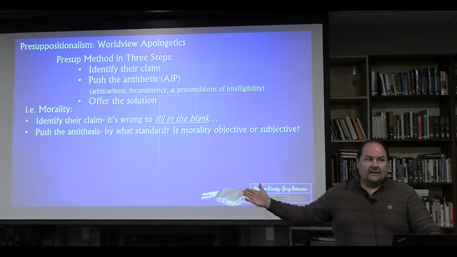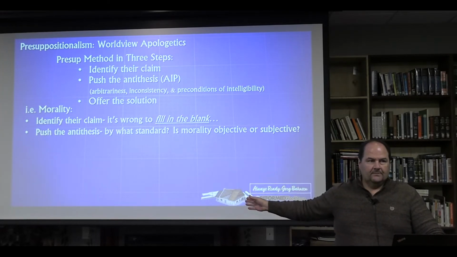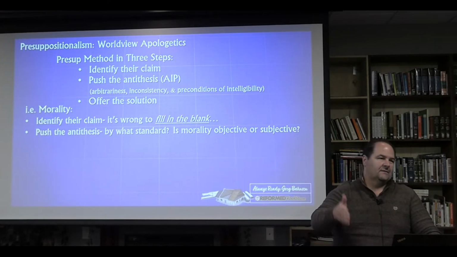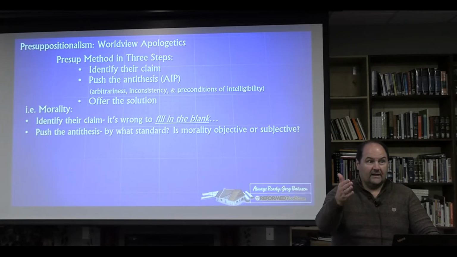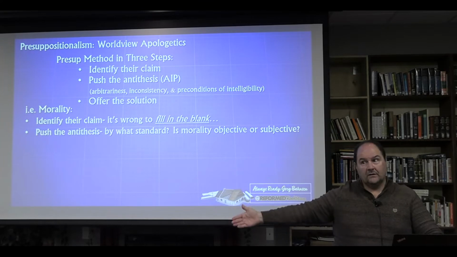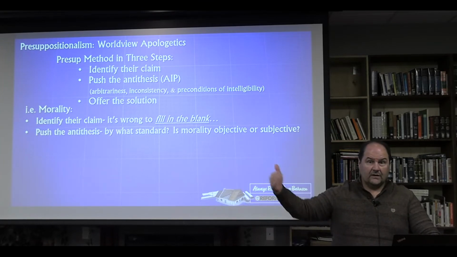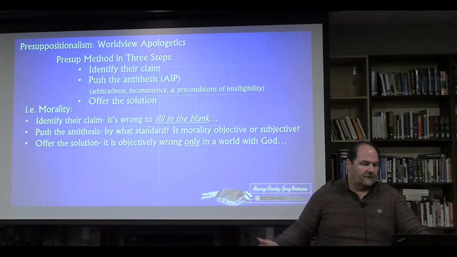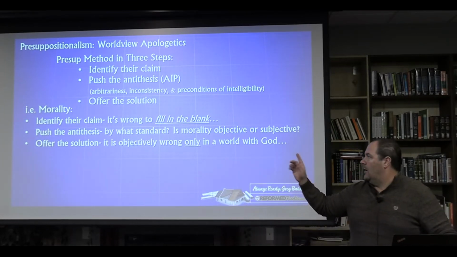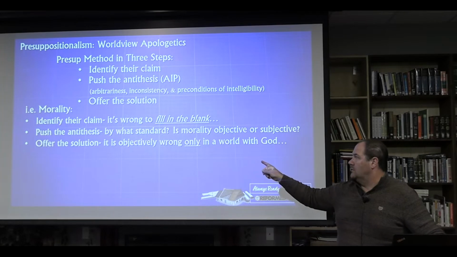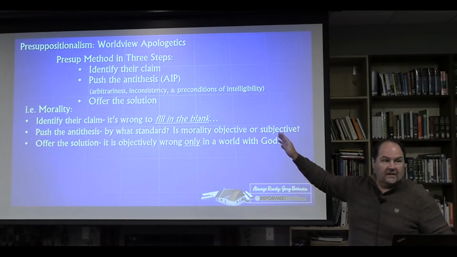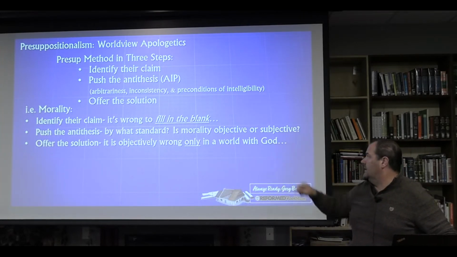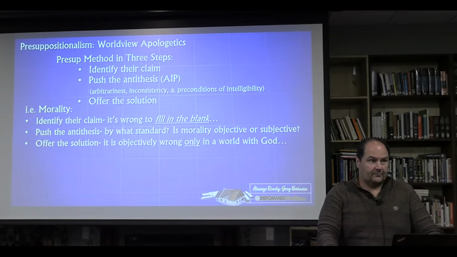See, if it's objective, then they have a problem because they recognize their own sinfulness before God. Right? We recognize our own sinfulness before God because he's given us a standard, but he's also given us the solution to that because he knows that we're going to fall short. All right? Obviously, we're going to offer the solution. It is objectively wrong to own slaves, kill babies, only in a world with God.